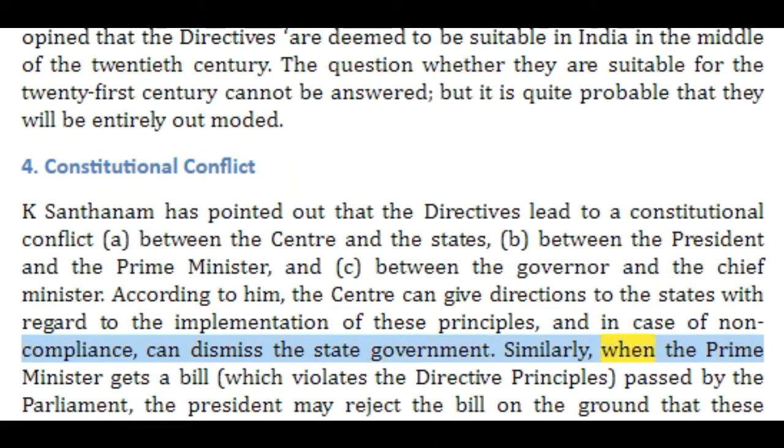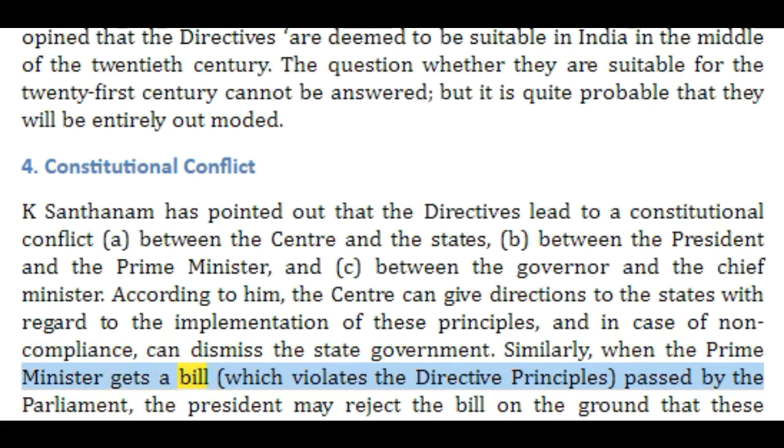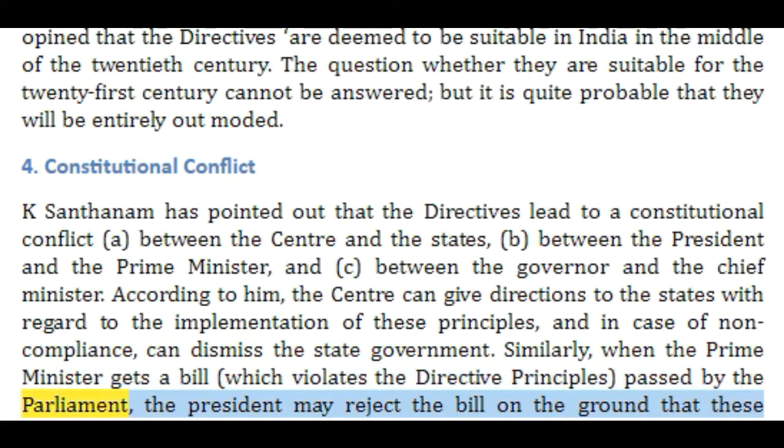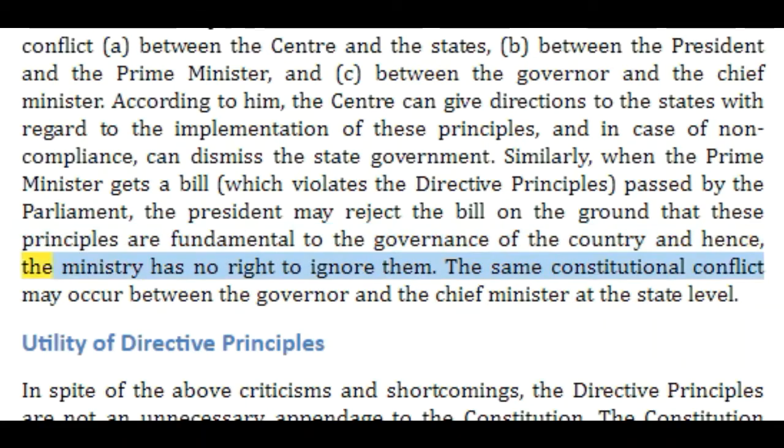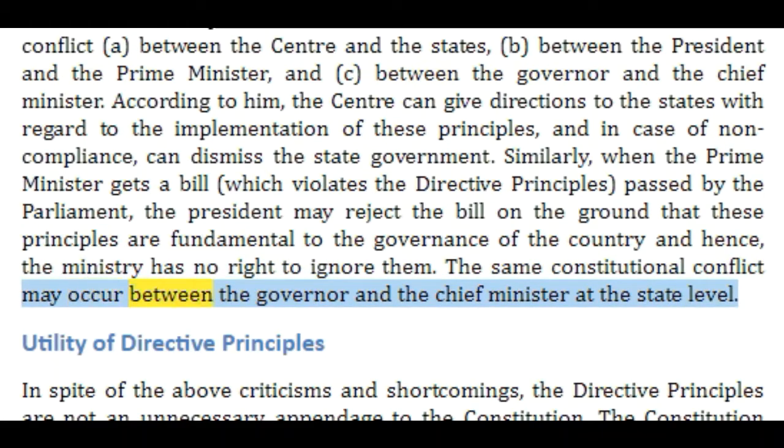Similarly, when the Prime Minister gets a bill passed by Parliament which violates the directive principles, the President may reject the bill on the ground that these principles are fundamental to the governance of the country, and hence the Ministry has no right to ignore them. The same constitutional conflict may occur between the Governor and the Chief Minister at the state level.